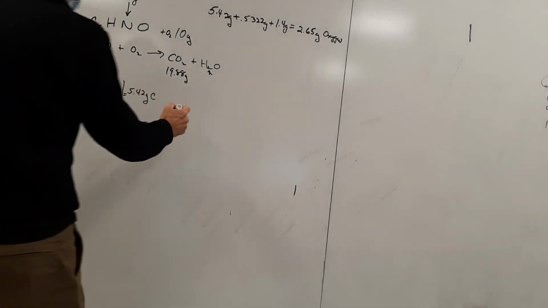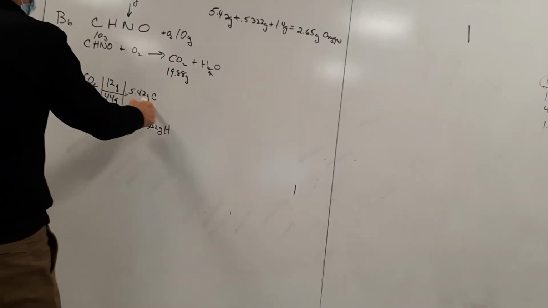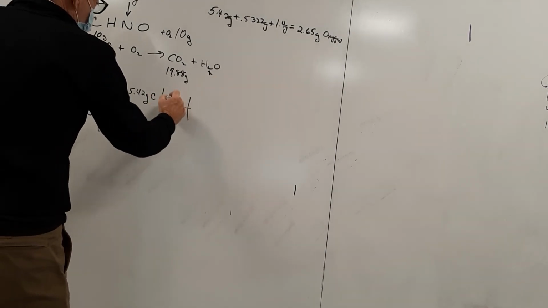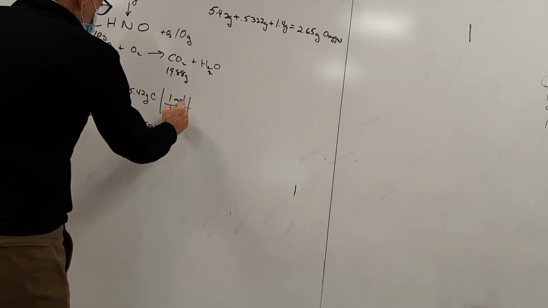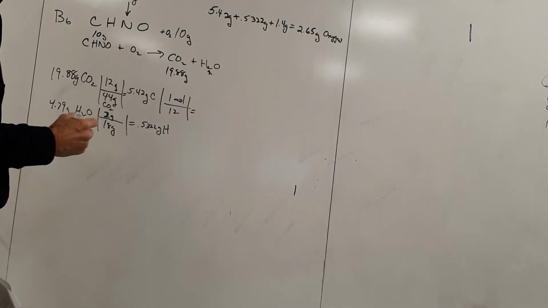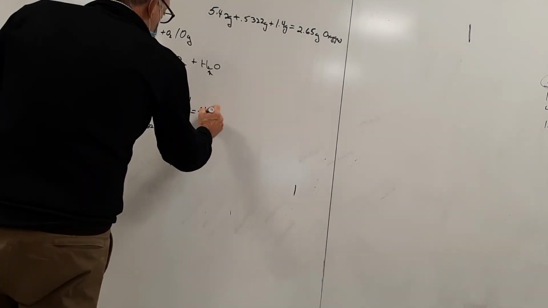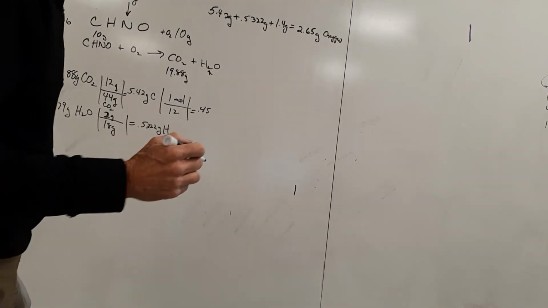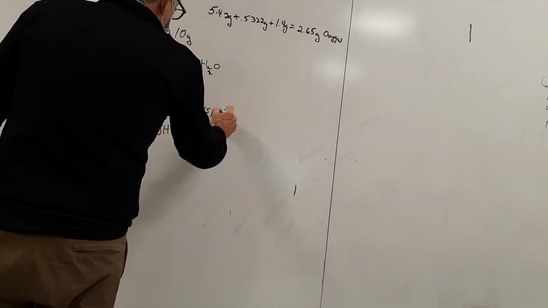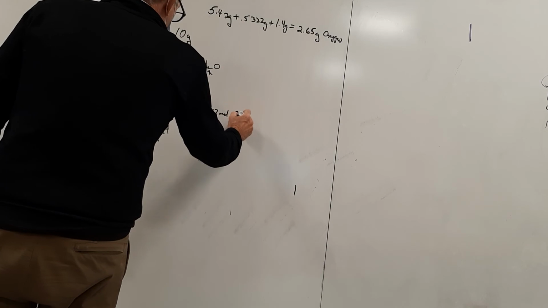Let's figure out how many moles of carbon I have. 1 mole divided by 12 grams means I have 0.4517 moles of carbon.